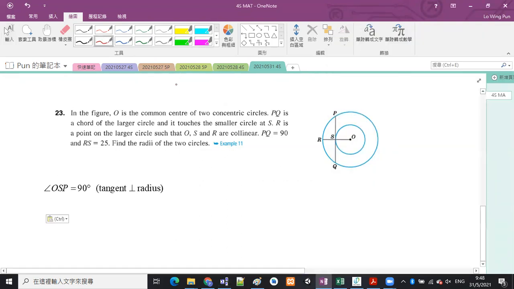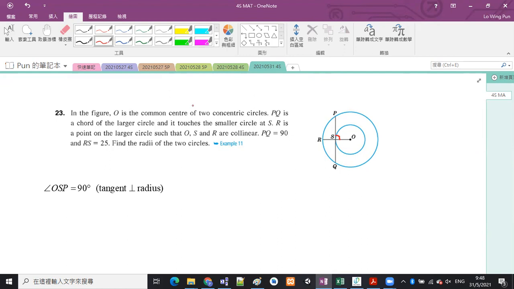Okay, just prove that this angle is 90 degrees. Because in the larger circle, PQ is a chord, and O is the center. Now I have joined the center and drawn a line from center perpendicular to chord. So it will be bisecting the chord, which means that PS and SQ should be equal to each other, right?